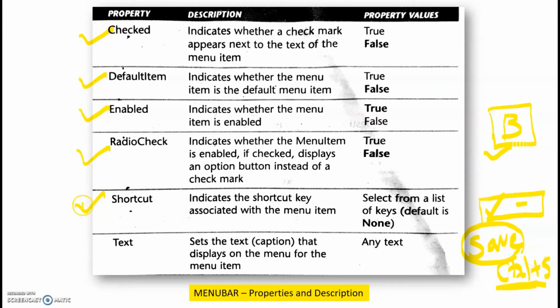So you can also create shortcut keys and the simple text you want to write, like Save is the text. So this is about the different properties. Apart from this, many properties are there. Now let's see how to change the properties, how to work with the properties.